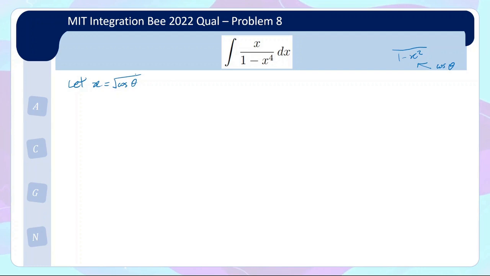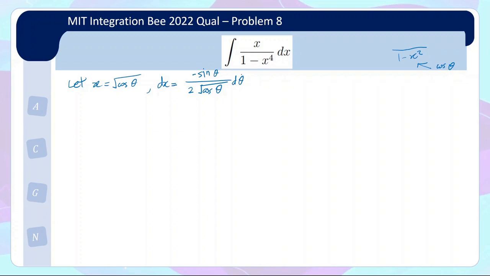So this gives you dx equals, if you differentiate, you bring down the power, which is half, and then the power becomes minus half, and then you differentiate the thing inside, which is minus sine theta d theta.